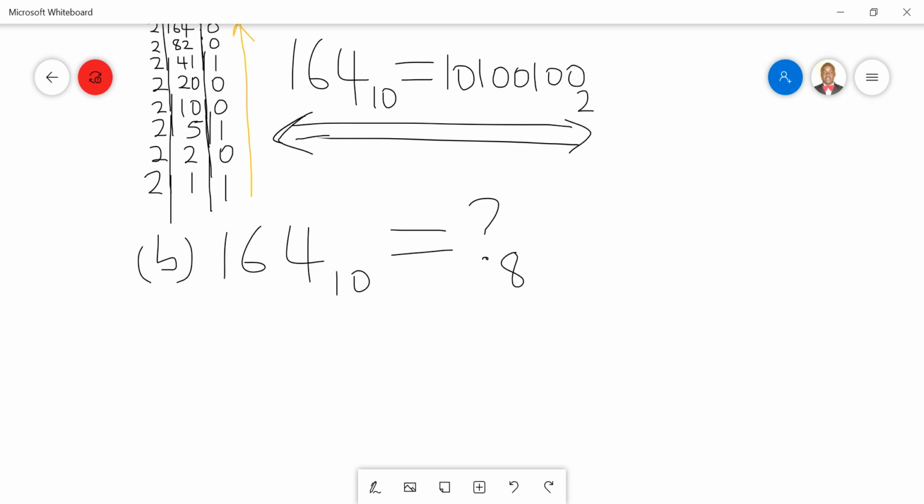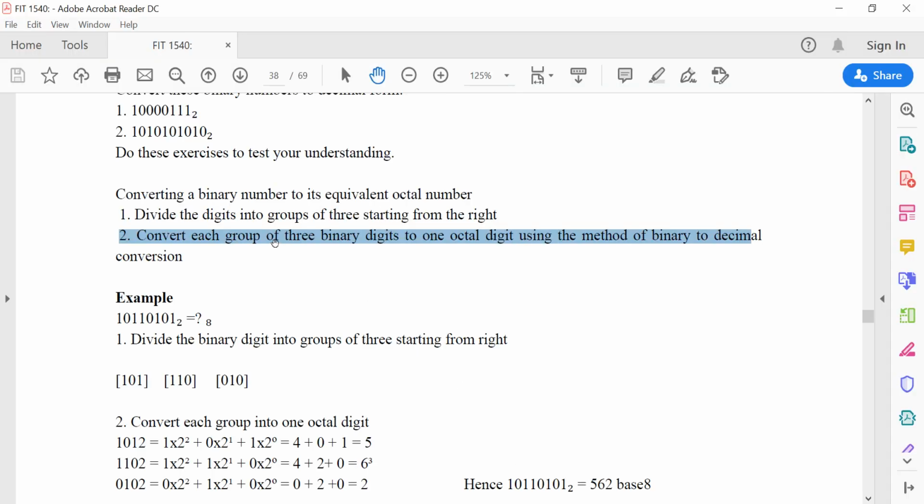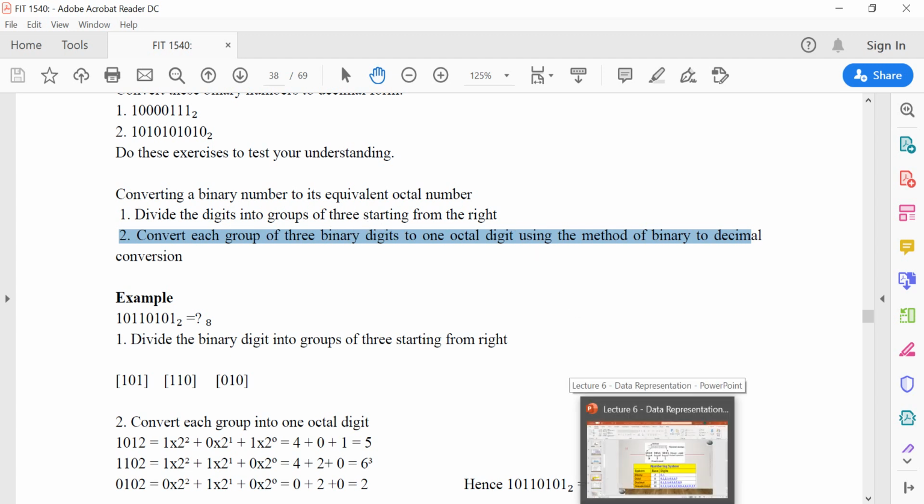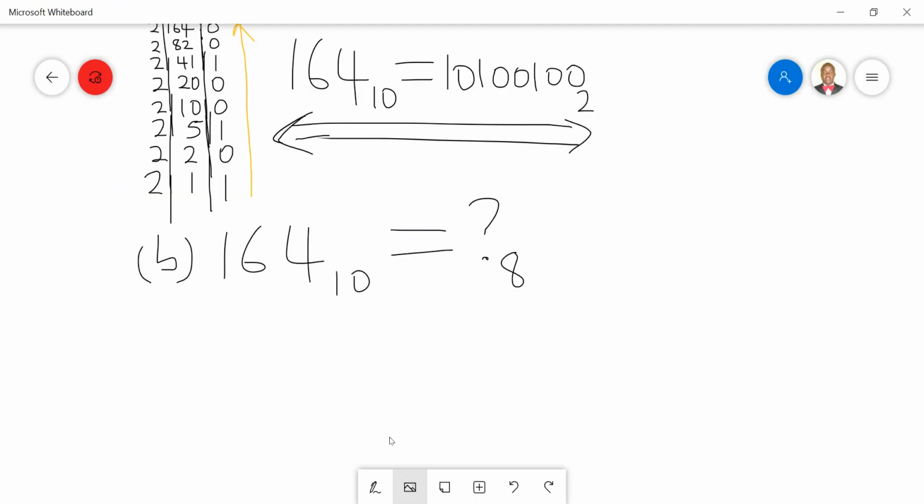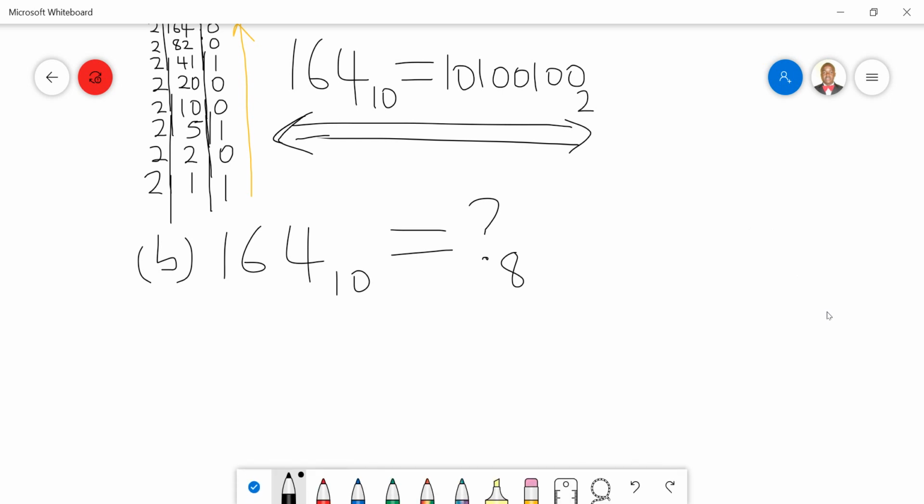So the rule says if you want to convert the binary number to its equivalent octal number, we have to divide the digits into groups of 3, starting from the right. So it's simple. If you want to convert this 164 base 10 to base 8, first you must convert it to a binary number. Then from the binary number, it will be easy for you to group them into 3. Then you get the octal.